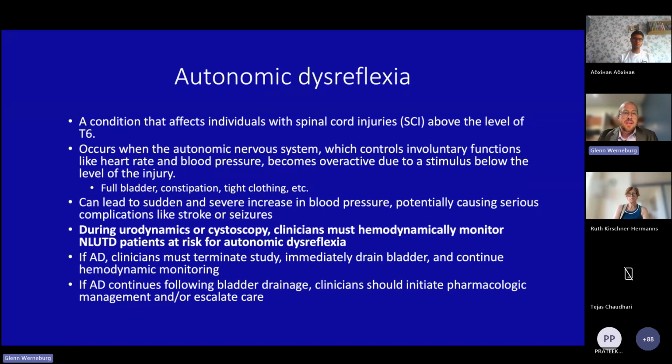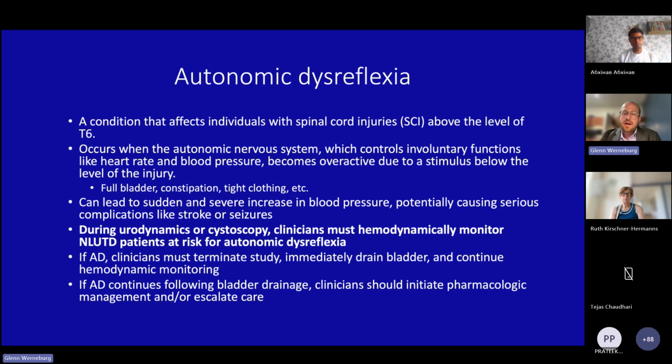And I mention this because it's an emergency, and it's an emergency that everybody who does urodynamics has to be equipped to deal with. So if you're performing urodynamics, or your office is performing urodynamics in patients with spinal cord injury or neurogenic lower urinary tract dysfunction, you have to be ready to deal with this emergency. So you have to hemodynamically monitor these patients, particularly with lesions at T6 or above.